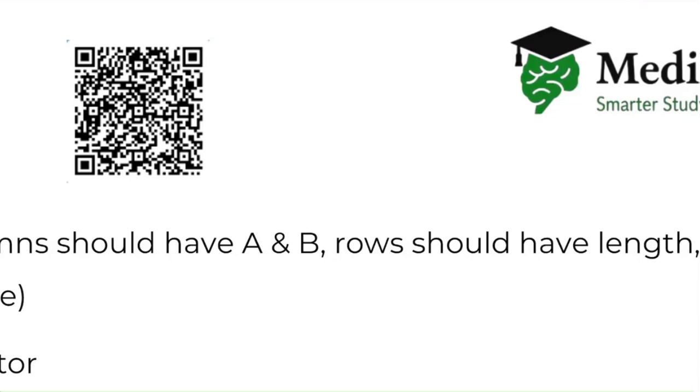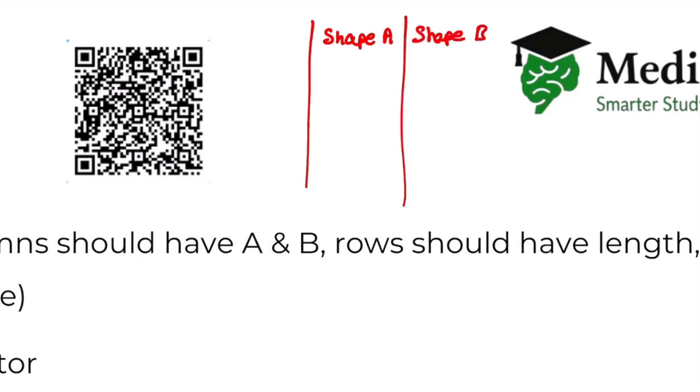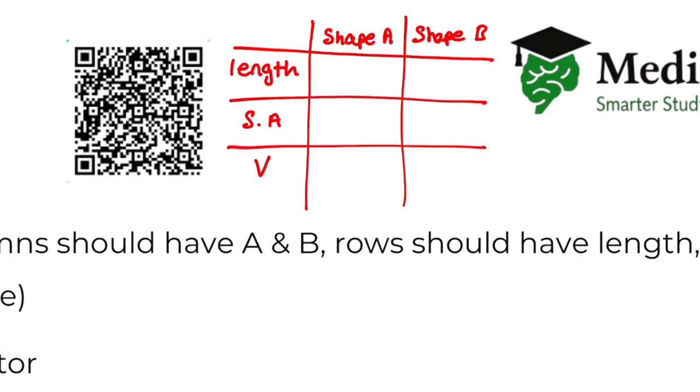You would have shape A, and then you would have shape B. Okay, that's your column. And then you would have length, you would have surface area, and you would have volume. Okay, so that's how you would label it.